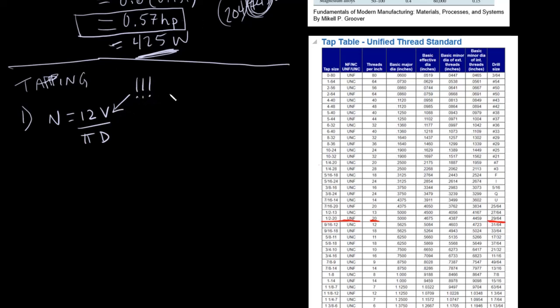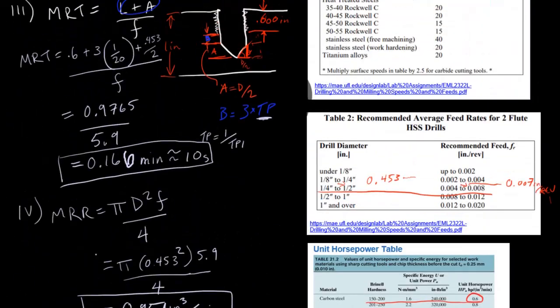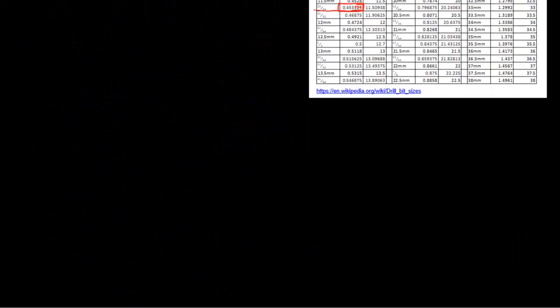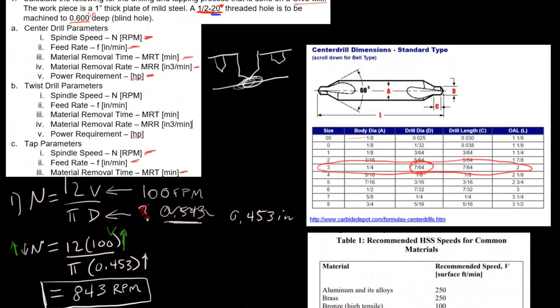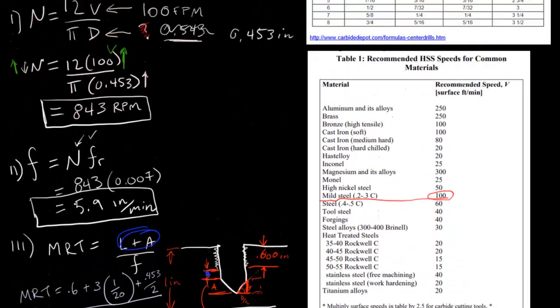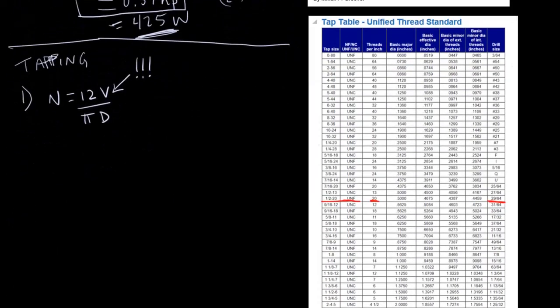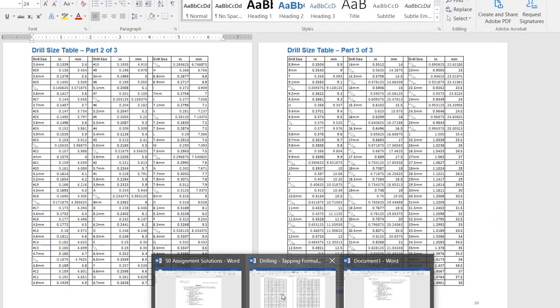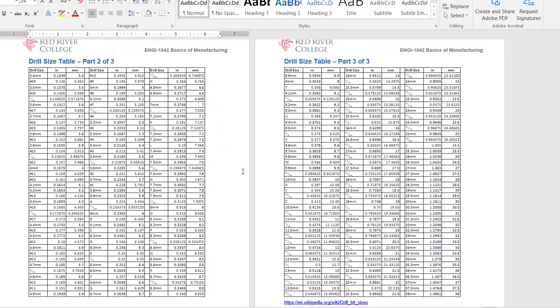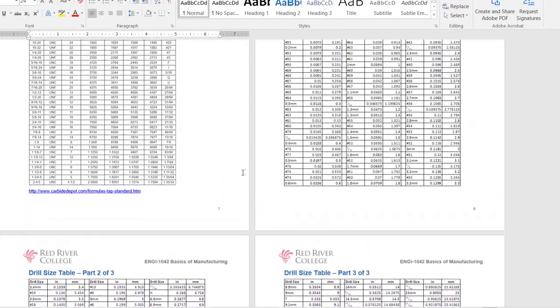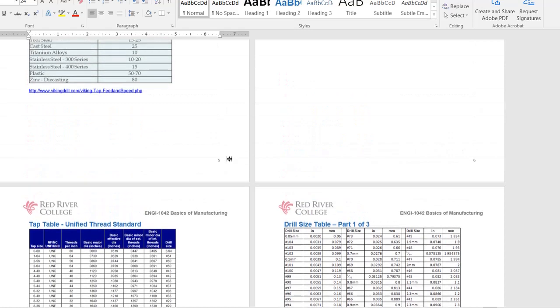There are tapping parameters. So let's go to the tapping parameters here. You know what? I didn't copy it into this worksheet, so I'm going to have to go find it. This isn't a bad segue into the document that I created for you to do all these calculations.